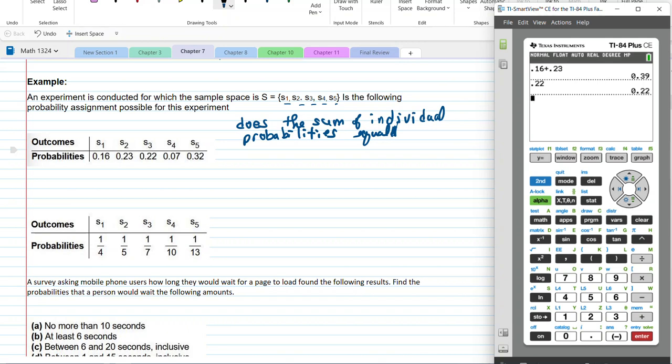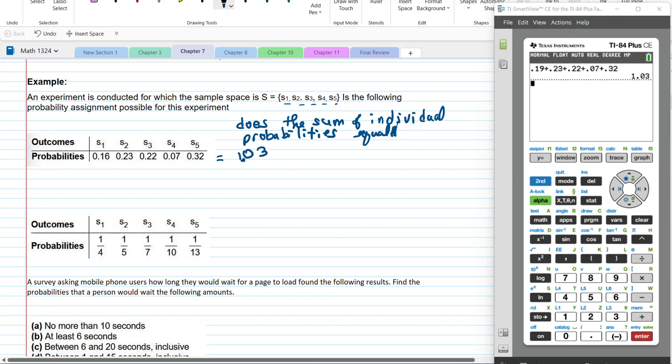Let me clear that and redo it. And I get 1.03.